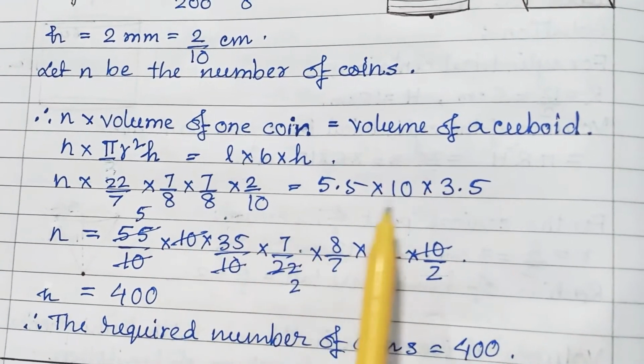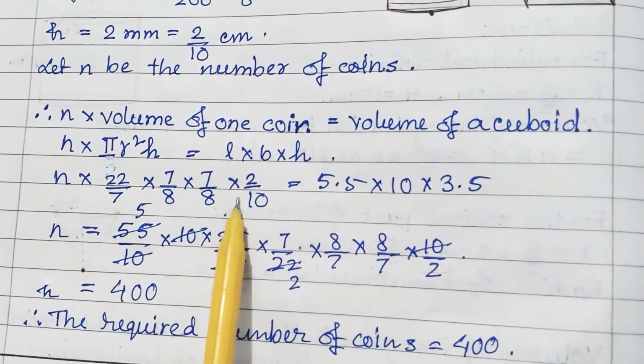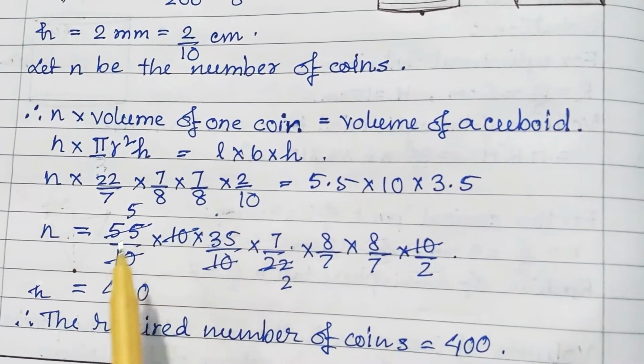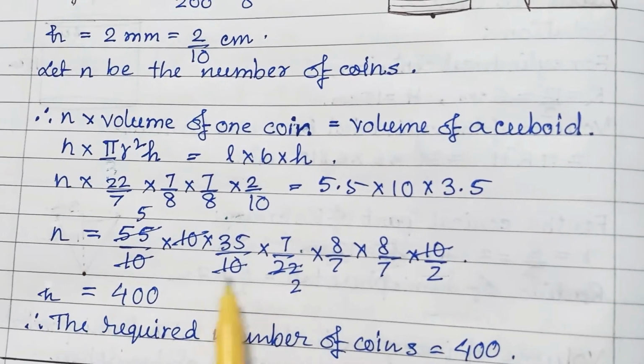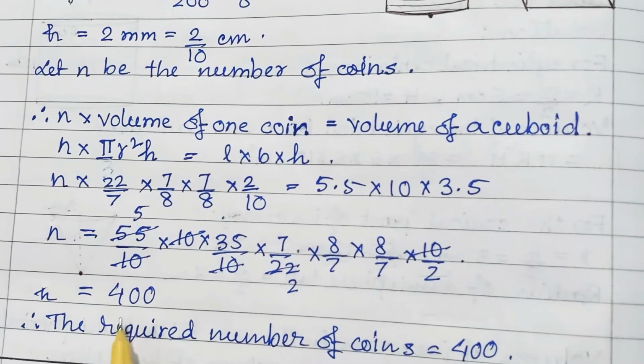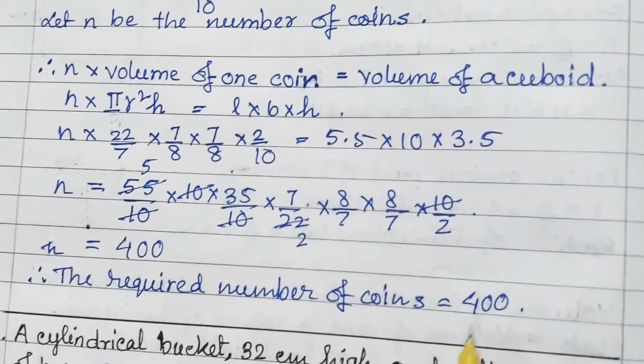We have to substitute these values. Now n is equal to, this value will shift to the right hand side as a reciprocal. By calculation, n is equal to 400. So the required number of coins is 400.